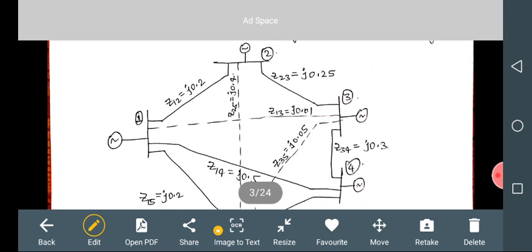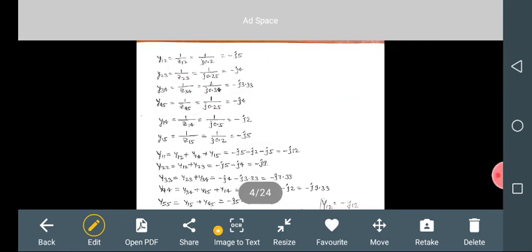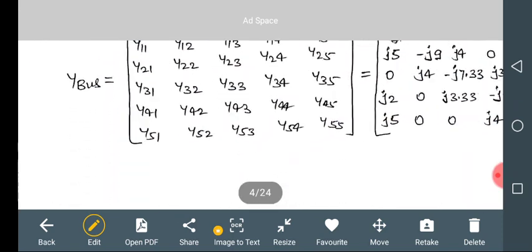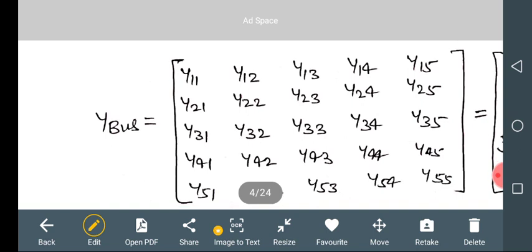As here number of buses is equal to 5, therefore the size of Y bus matrix will be 5 cross 5. So we have to write a 5 cross 5 matrix, which I have mentioned for you here. This is the 5 cross 5 matrix which we have to calculate.